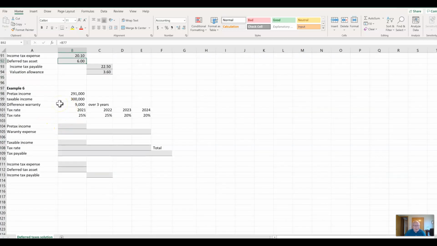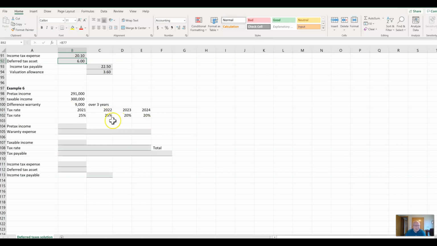Well, here's an example. We have 291,000 as a pre-tax income. Taxable income is 300,000. The difference is a warranty of $9,000 over 3 years. Because for tax purposes, this is an estimated warranty that you deduct from your financial statements, but you can't do it until you actually pay out the warranty for tax purposes.